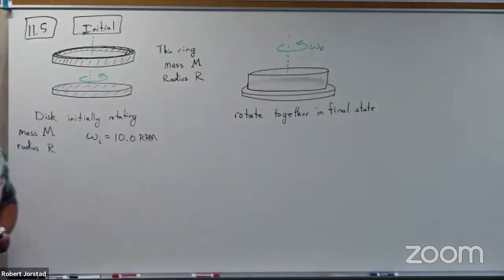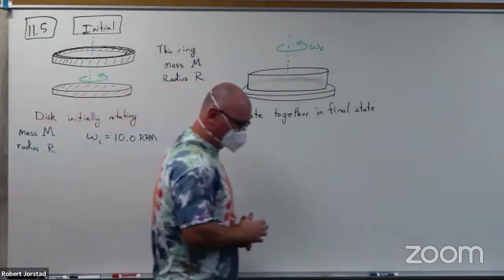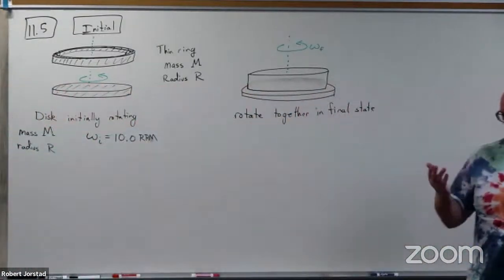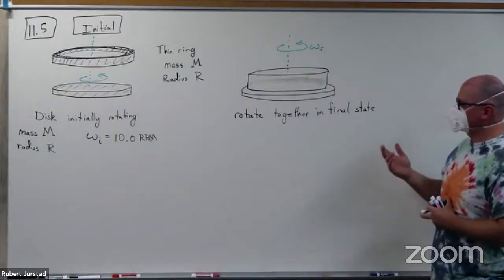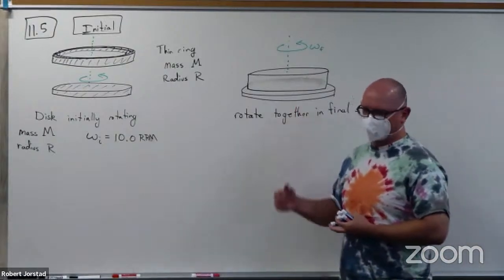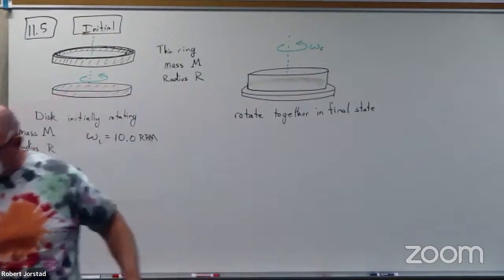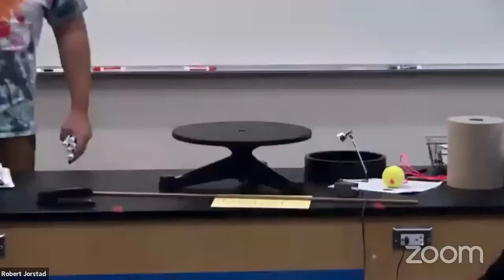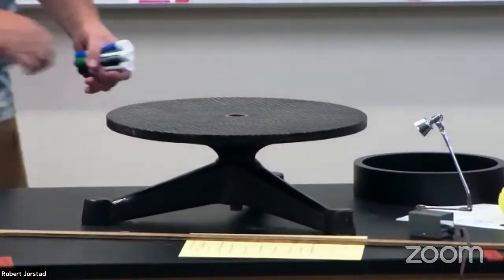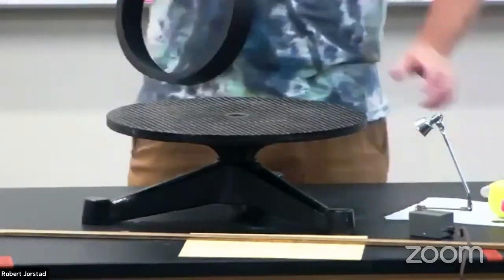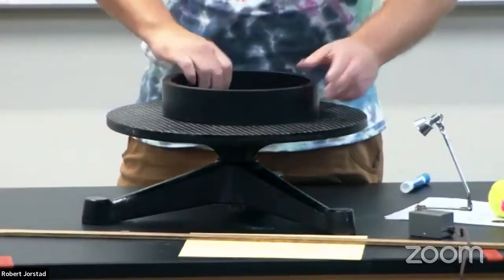Now, if we want to use angular momentum, what's the first step that I said? We should do what? See if it's reasonable to use it. Now, in this case, when you drop this thing on here, maybe I'll bring it up to here so we can look at it again. What are the forces involved when I drop this thing on here?